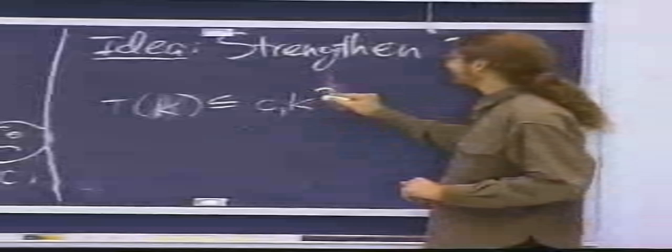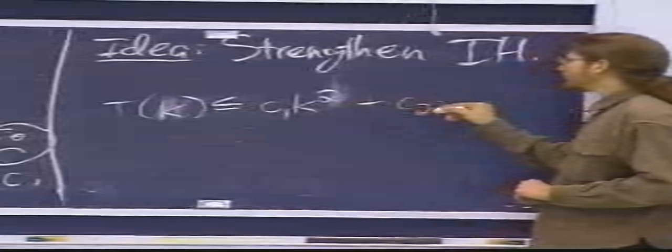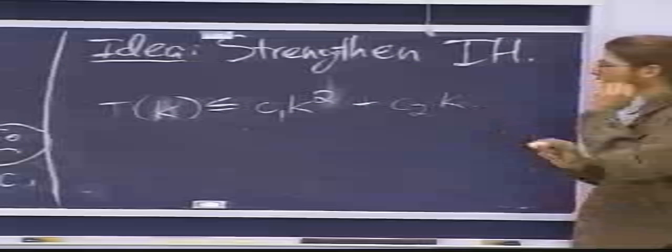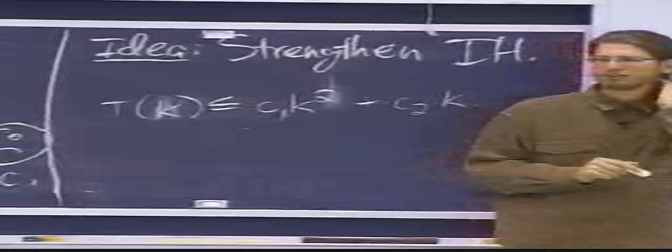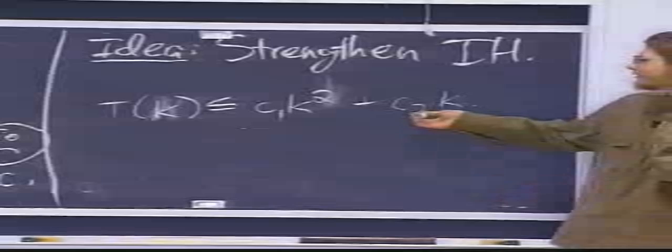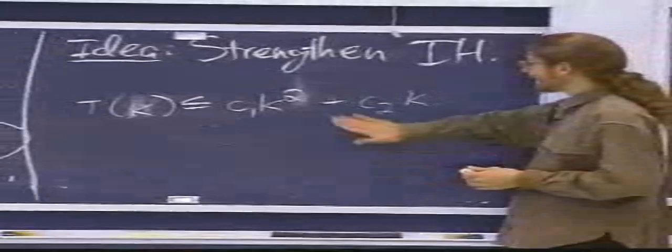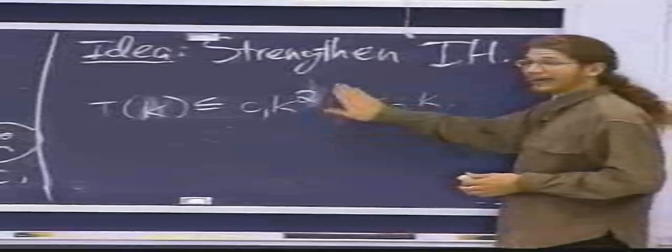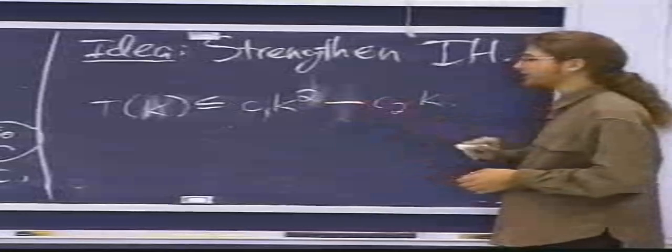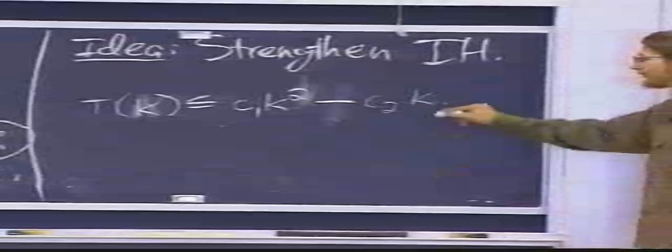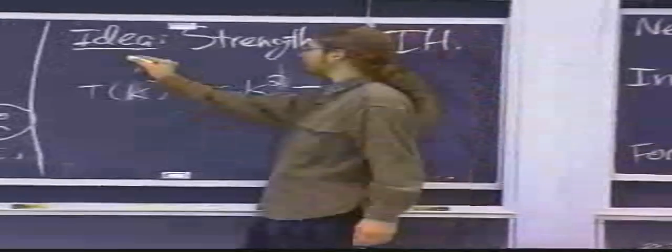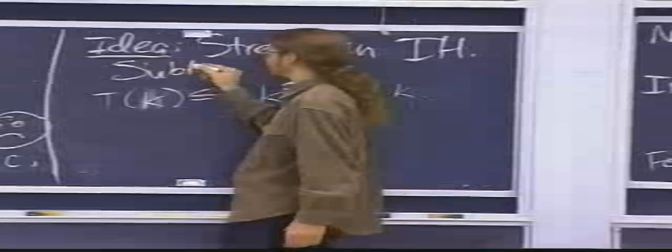But maybe there's an additive term, c2 times k. But that's not actually a stronger assumption. That's actually increasing the upper bound. And so this is rather counterintuitive, but the right thing to do is not add, but subtract. The reason that's a good thing, so we're going to subtract a lower order term.